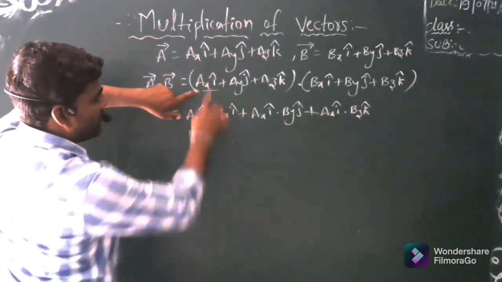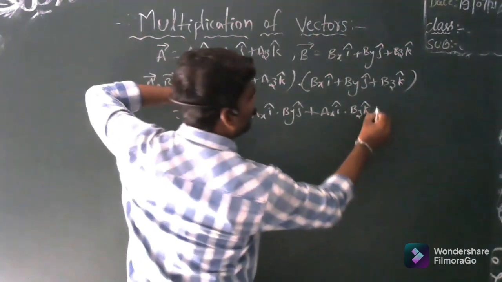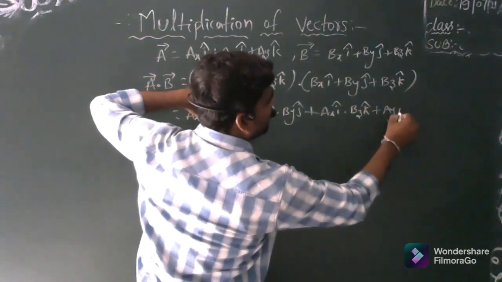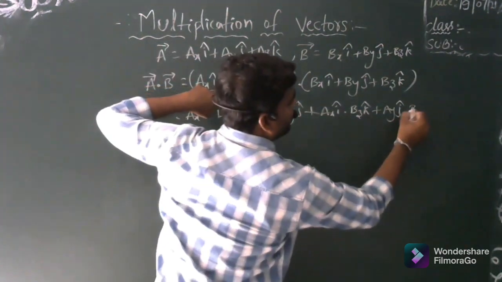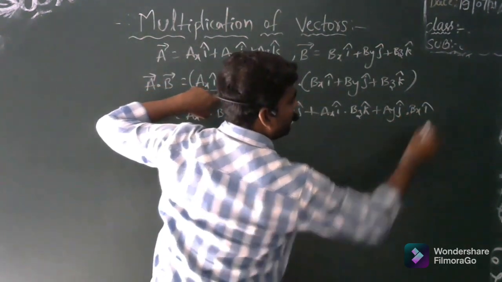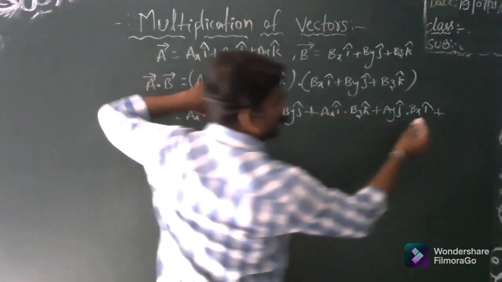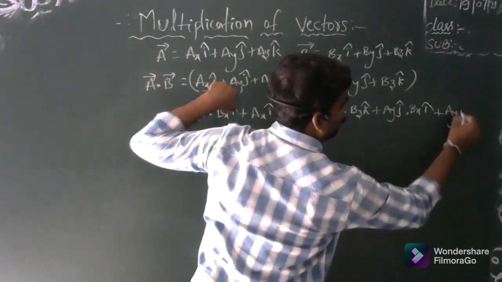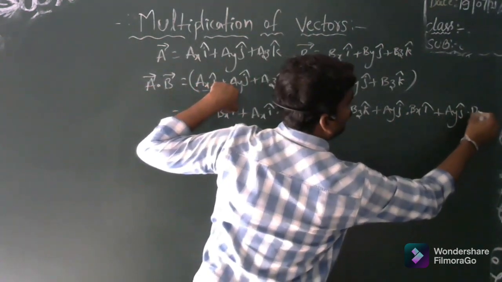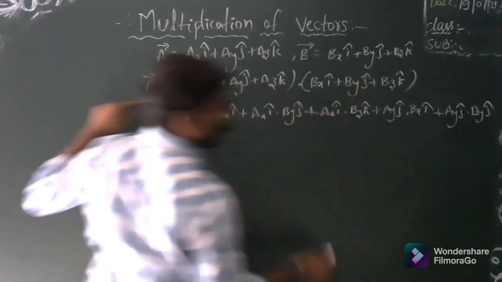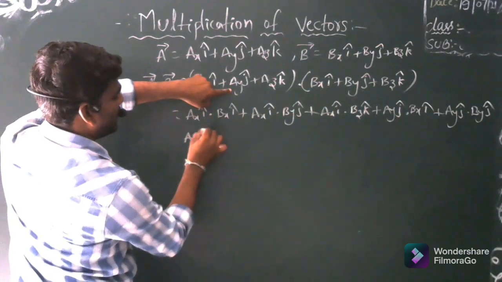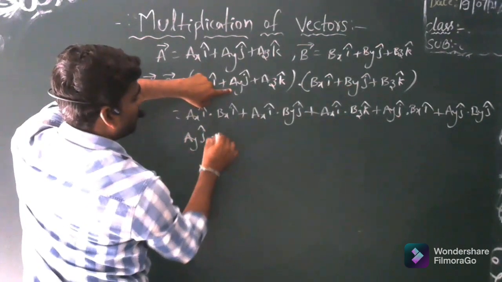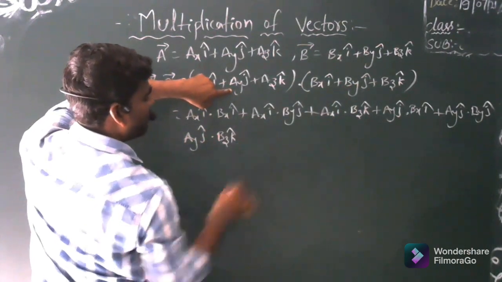And then after completion with Ax, move on to Ay. So Ay j cap dot Bx i cap, plus Ay j cap dot By j cap, and next Ay j cap dot product with Bz k cap.